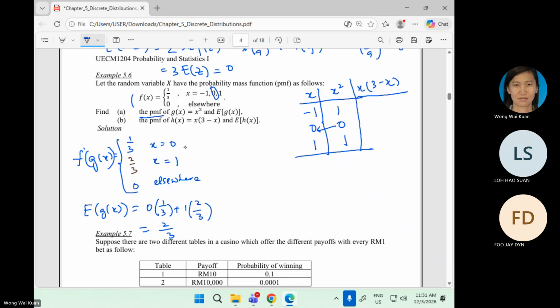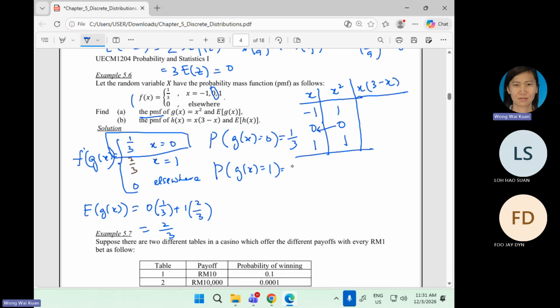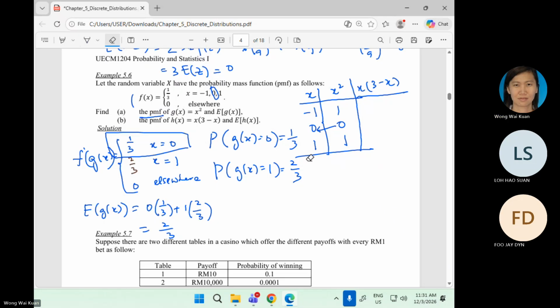Okay. This one, I can also write as probability of g(X) equals 0 is 1/3. Probability of g(X) equals 1 is 2/3. Okay, or how can I get that? Why 2/3?